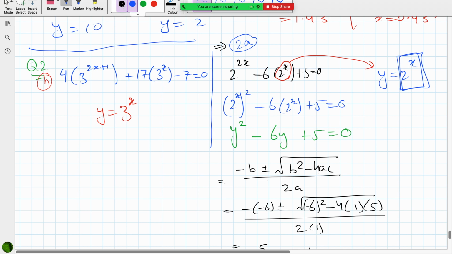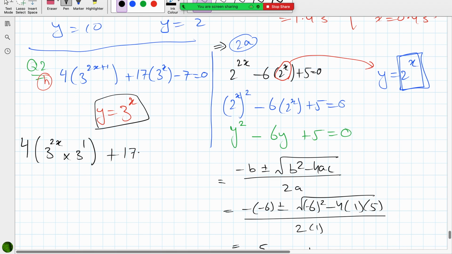Okay, now 2h part. We are substituting y is equals to 3 raised to power x and simplifying for this expression. So 4 times... Now powers only add up when they are actually multiplied. So 2 raised to power x multiplied by 3 raised to power 1. Basis same, powers add in this reverse rule.